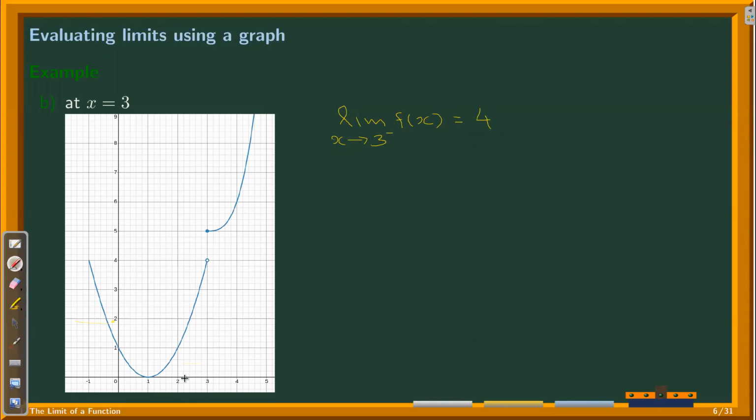As I get close to 3, the y value is getting close to 4 along here. So the left limit is 4.